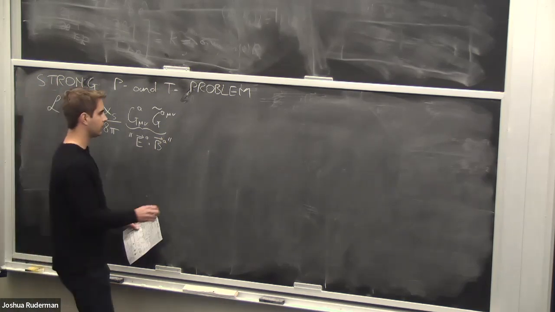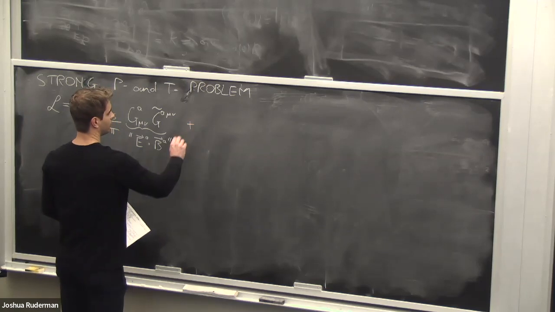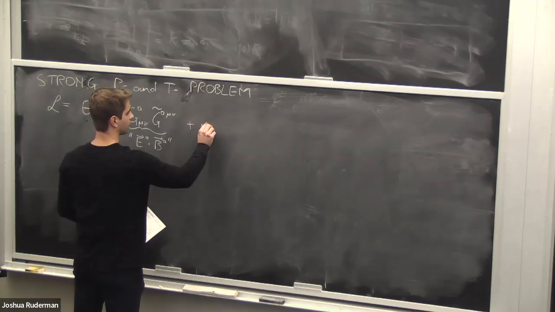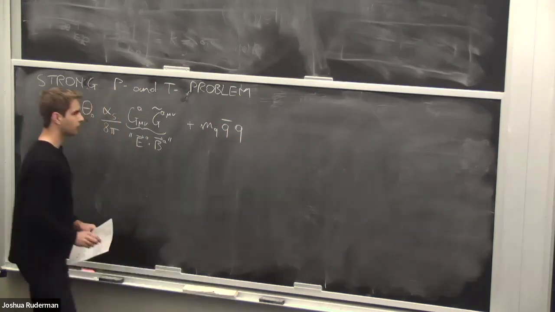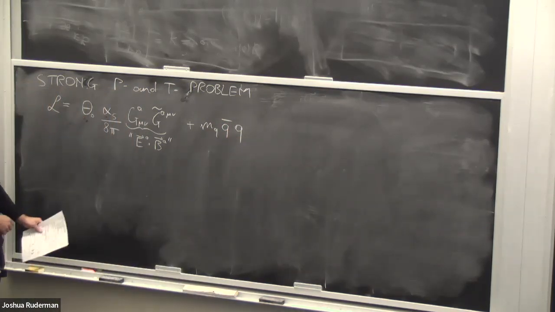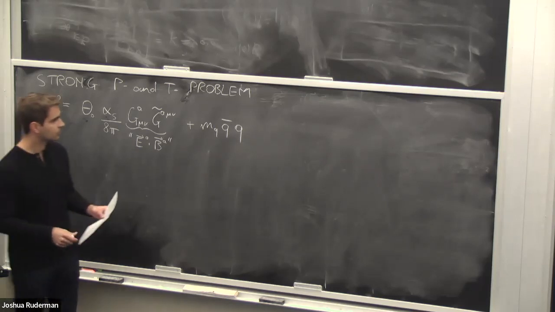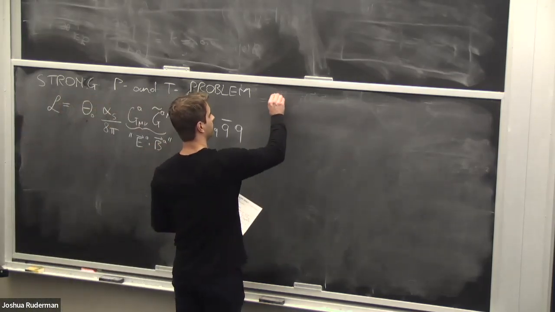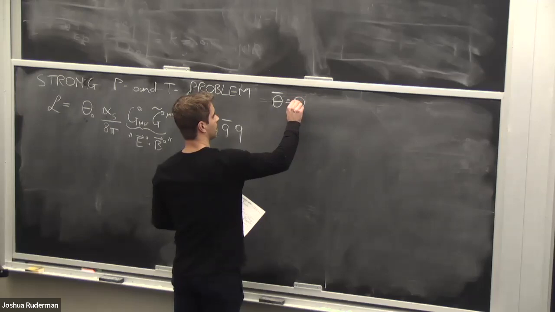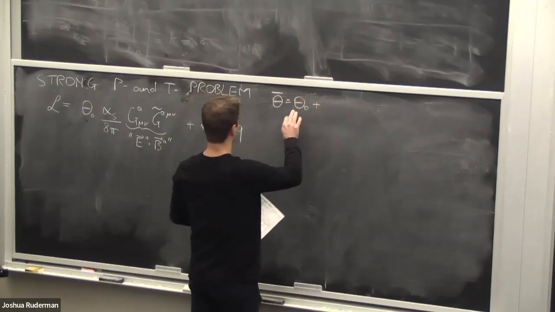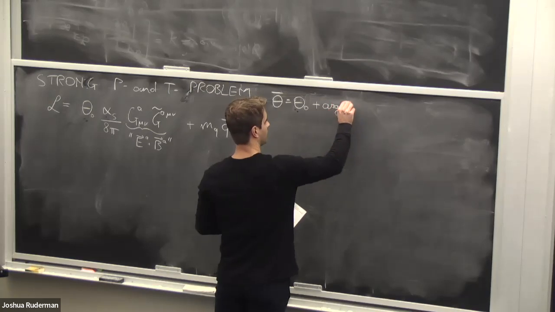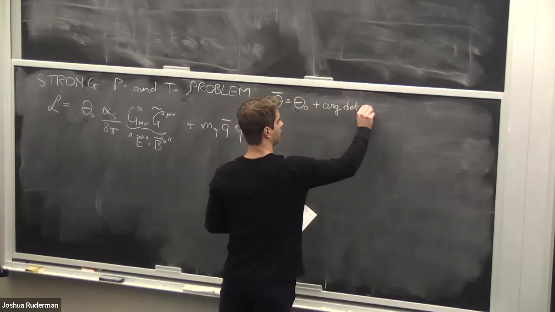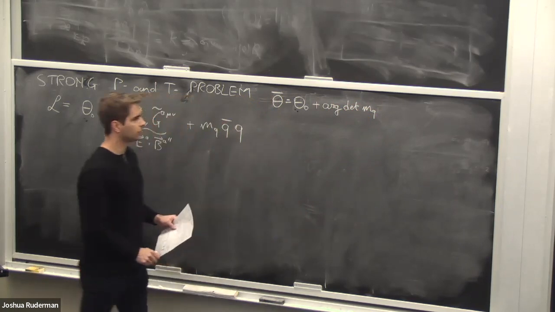And in particular, if you add some quarks, which QCD has, then you can show that there's one physical parameter, which is called Theta Bar, which is the sum of this bare theta naught parameter and the phase of the quark mass matrix determinant.